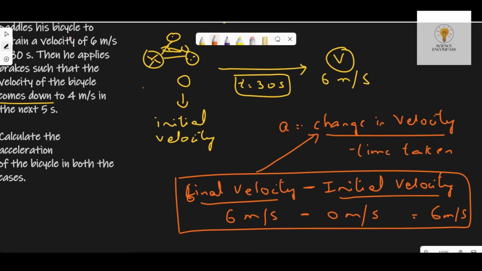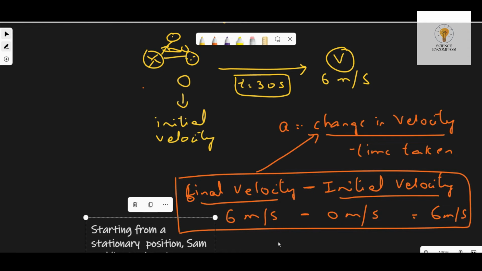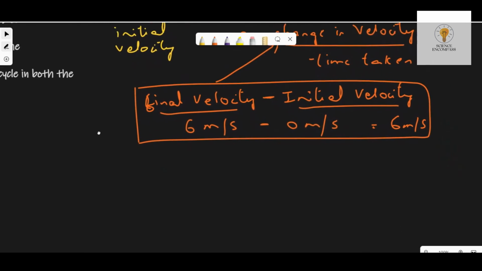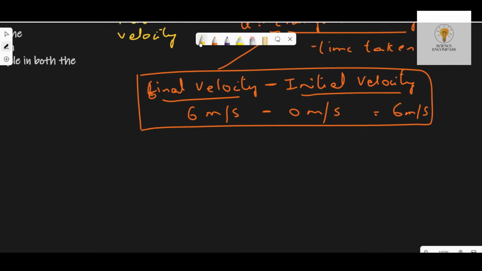All right. So let me just move this a little bit over here, and I'm just going to use a different color. So acceleration for case one, the first case, is nothing but the change in velocity divided by the time taken.